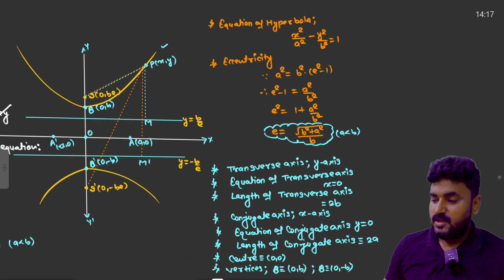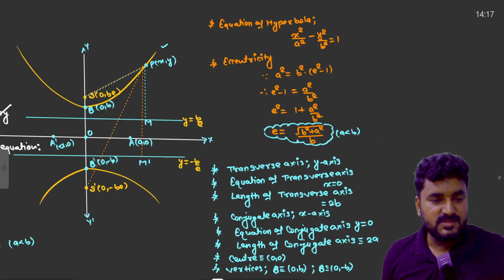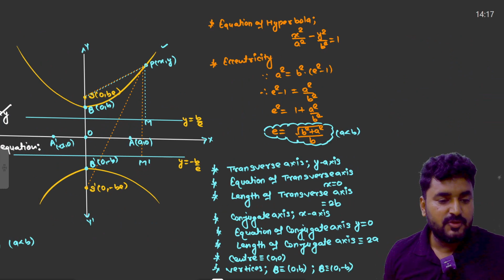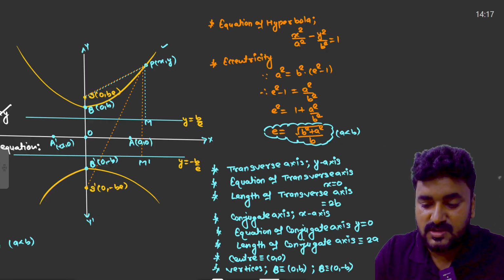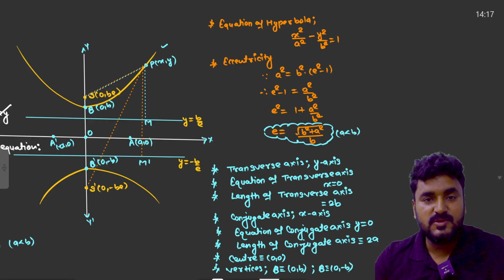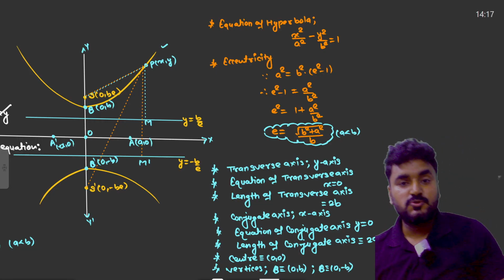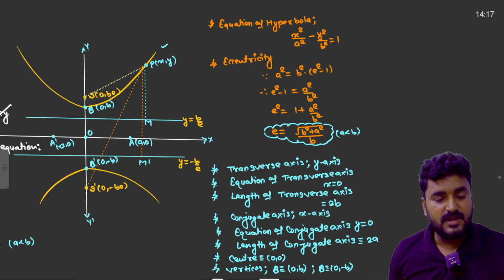After the vertices, we are going to write the focus. You can see the focus of the hyperbola is 0 comma be and 0 comma minus be, and the directrix is y equals b by e and y equals minus b by e.